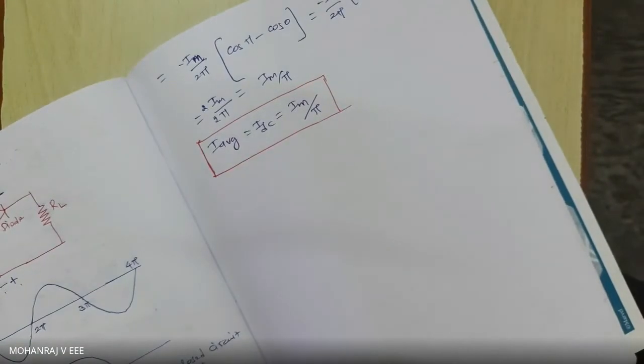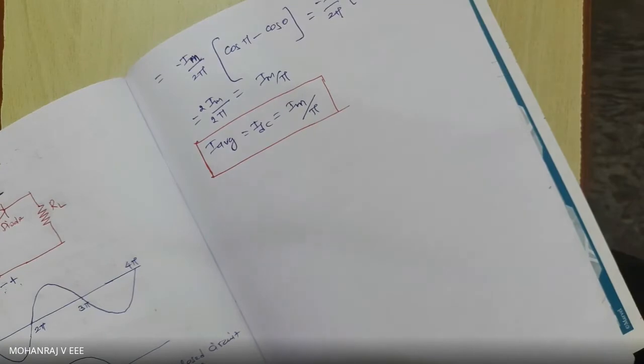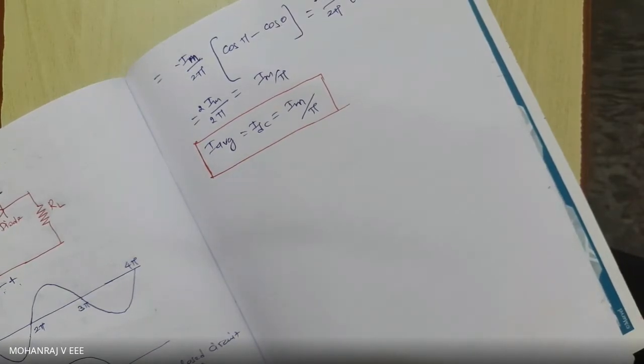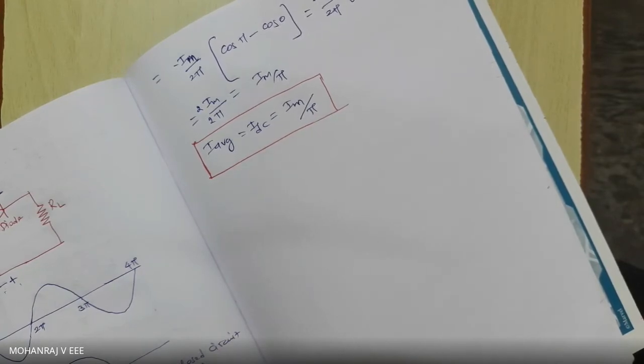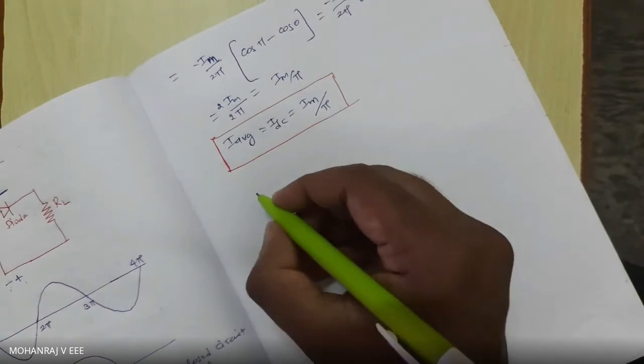Now, what is the value of IRMS? We know what the RMS value is. Now we are going to find out what our output current RMS value will be.